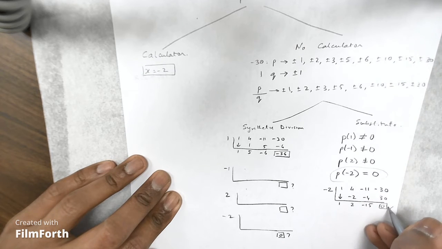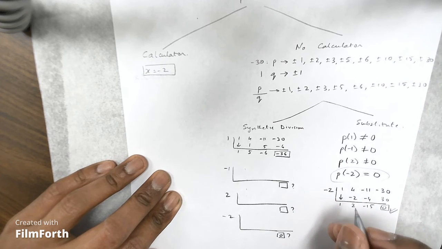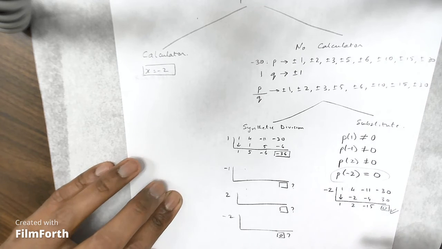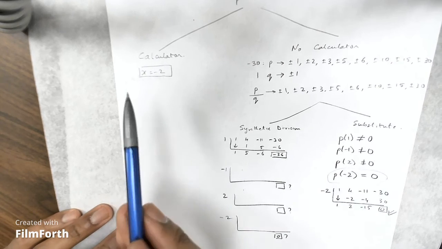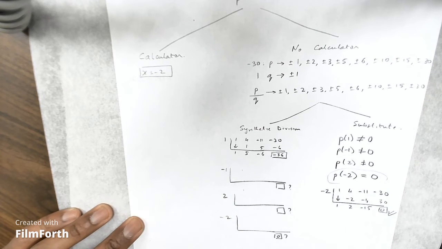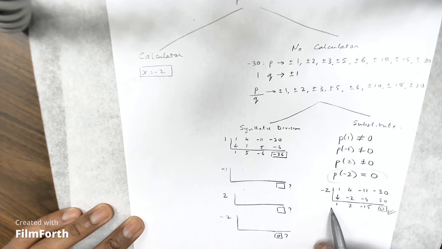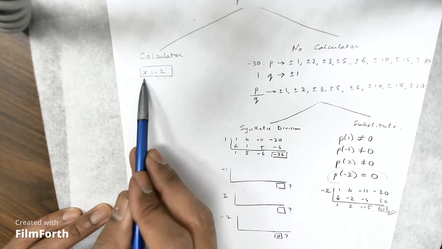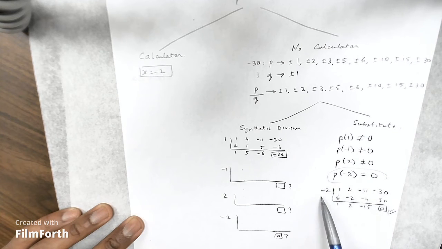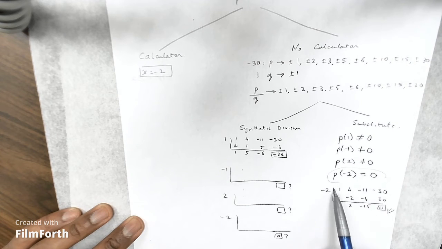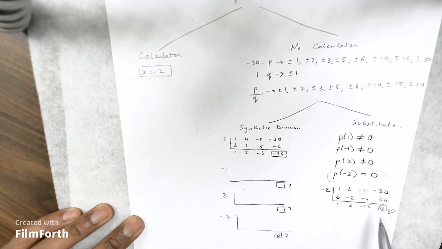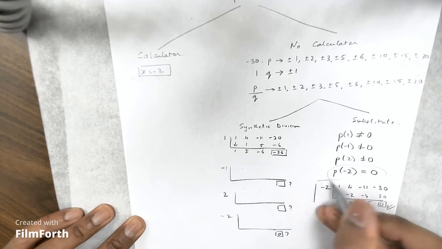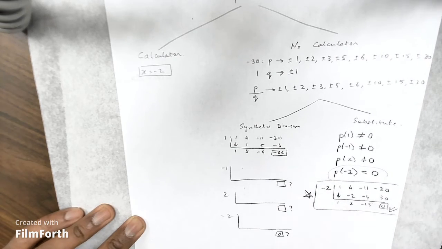We have confirmed that that is a factor, and now we have broken up the original function. So if you had got it by calculator, you still have to do the synthetic division for the factor. You may not have to do all the other ones, just this one. This is the key.